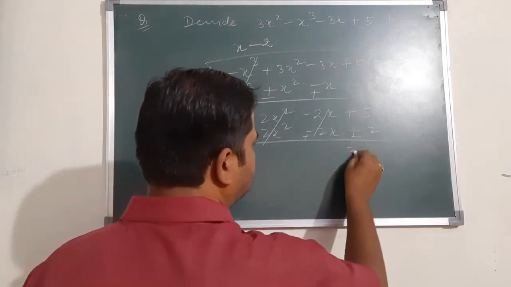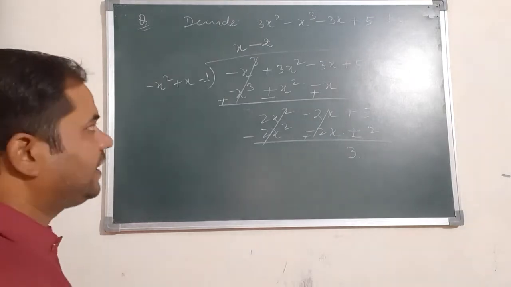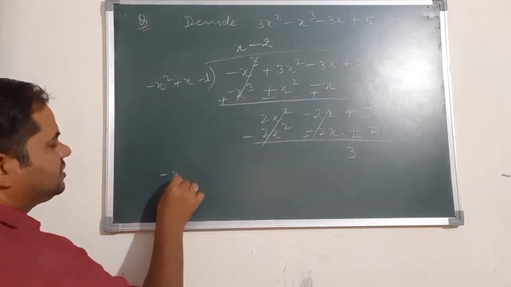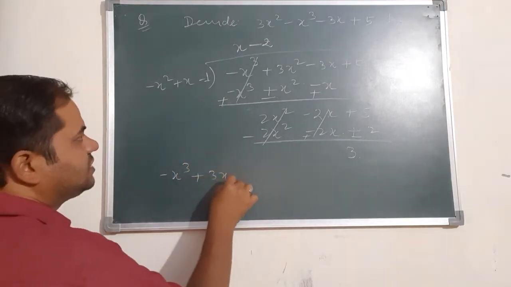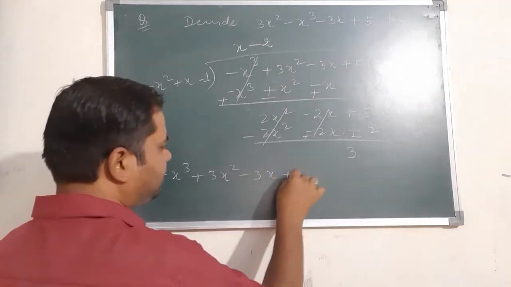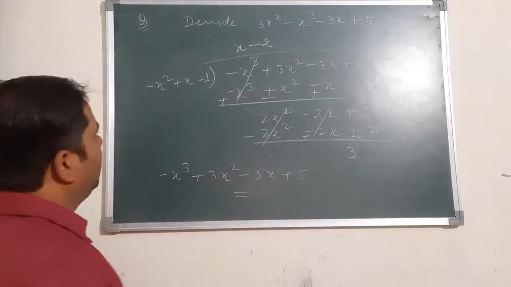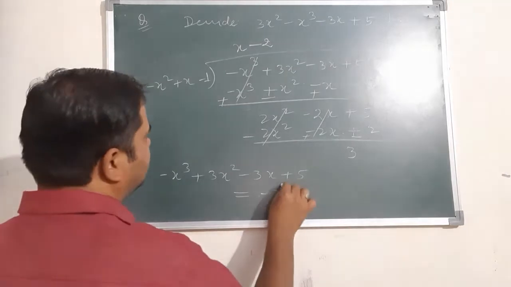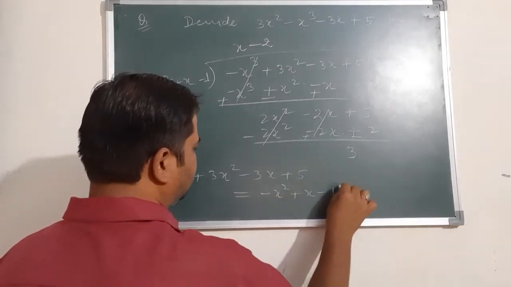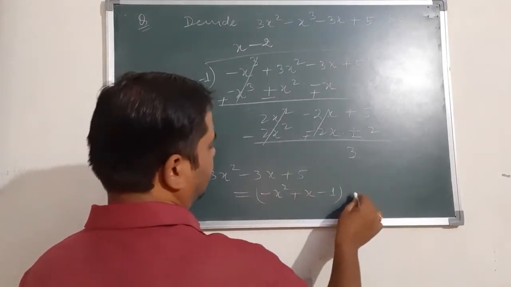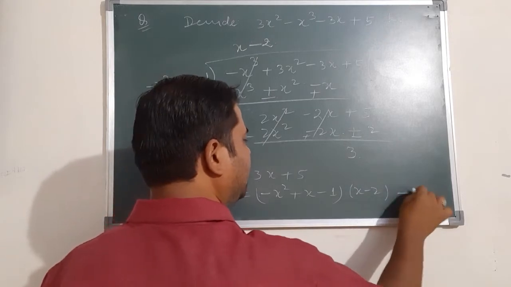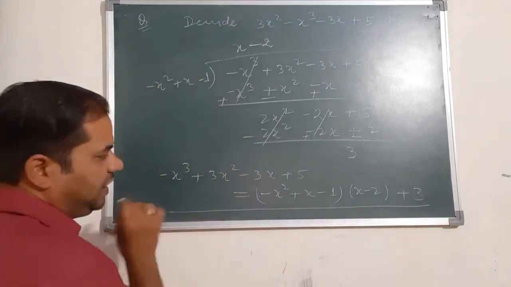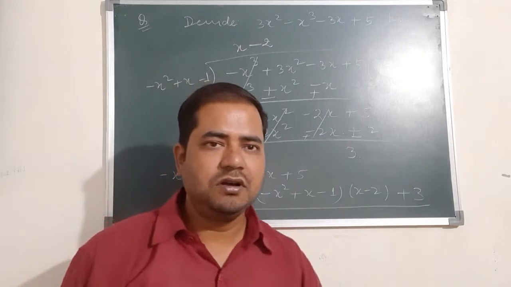And this is 3. So we can write the given polynomial minus x cube plus 3x square minus 3x plus 5 as minus x square plus x minus 1 multiplied by x minus 2, and the remainder is 3. So note it down.